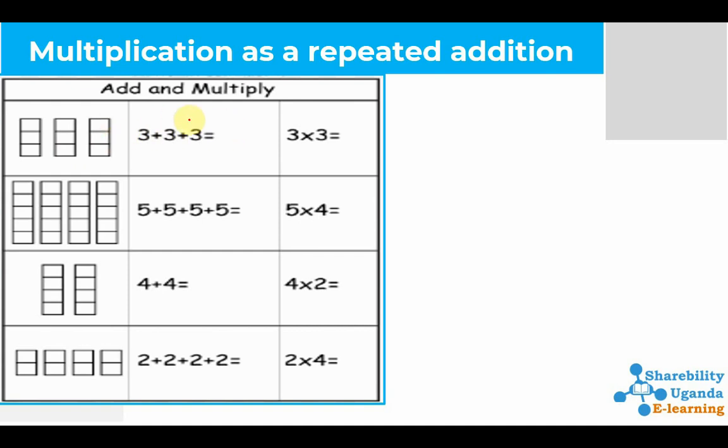We shall say this is 3 times 3. 1, 2, 3 times 1, 2, 3. So we shall get the answer. Which answer is here?